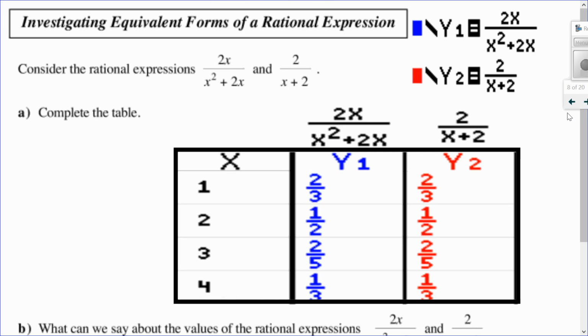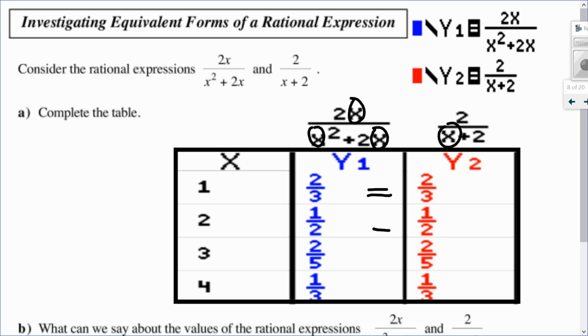So let's look at equivalent forms of rational expressions. We'll throw some variables into the mix now. If we have 2x over x squared plus 2x and 2 over x plus 2, and we put that into my graphing calculator just to come up with a table of values, when x is equal to 1, in other words, I substitute each of these x values with 1, you can see I end up with the same result.